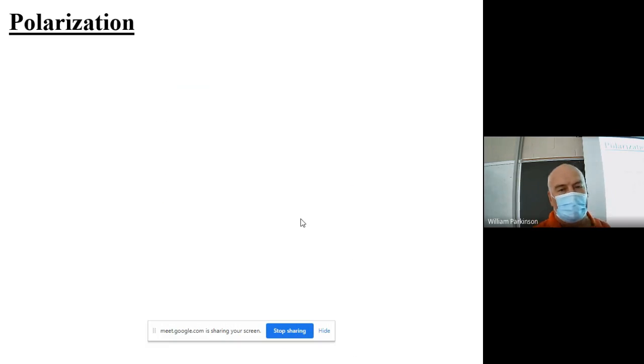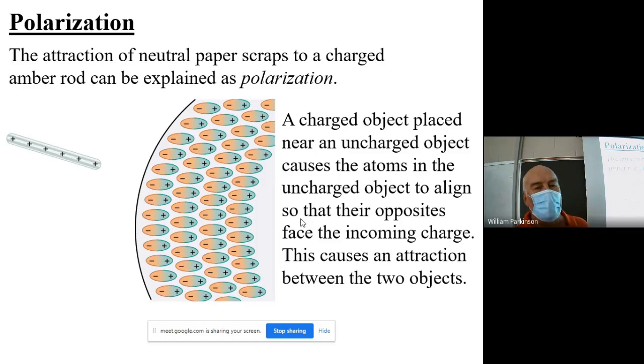But this slide does. There is polarization in the paper. Now, what does it mean that there is polarization in the paper? The paper is made up of charged entities. Of course, the paper is electrically neutral. But when you put charge near the paper, it starts to flip everything and line it all up.